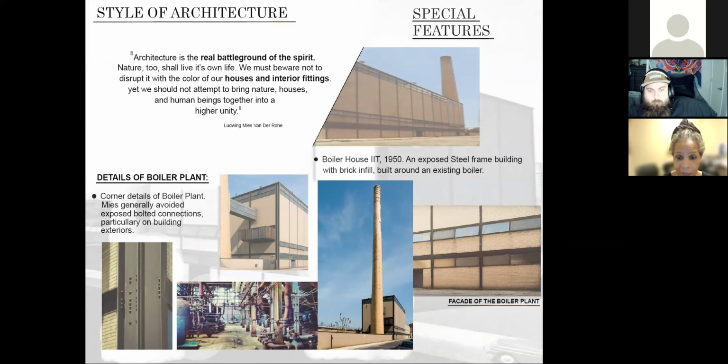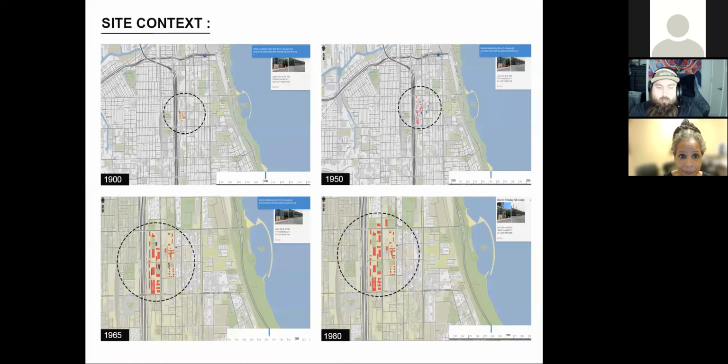We have mentioned a few details of the boiler plant. The next slide consists of the site context. We have stated the information for the year 1900. A few blocks are seen. The orange blocks are the IIT campus buildings.